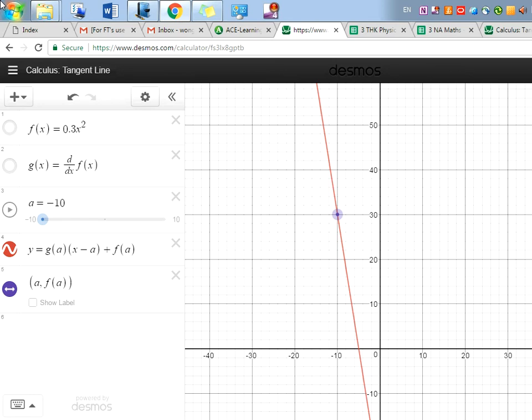So choose a set of coordinates, for example over here. Because to find the gradient of a line, you need two sets of coordinates. One set over here, you call it -1 and 4. So you need another point, right? I can choose this point, for example. This coordinate will be -3, -4. So with two coordinates, I will now find the gradient, which equals 4 minus -4 divided by -1 minus -3.